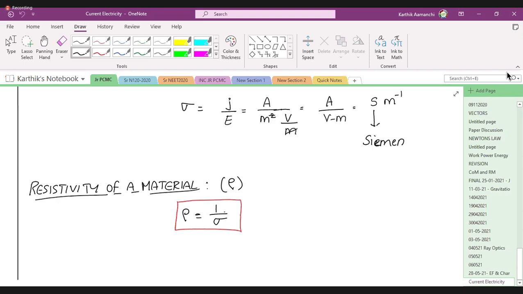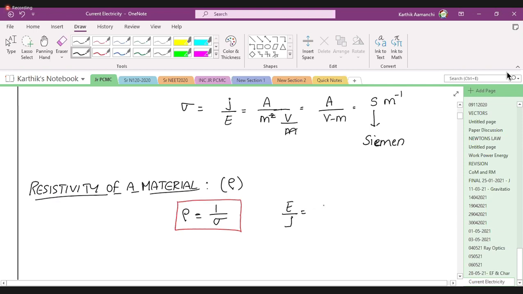Ohm meter. Meter per Siemens. I'll just tell you, wait. Don't tell me all that. Okay, so this is E by J. Resistivity is E by J.